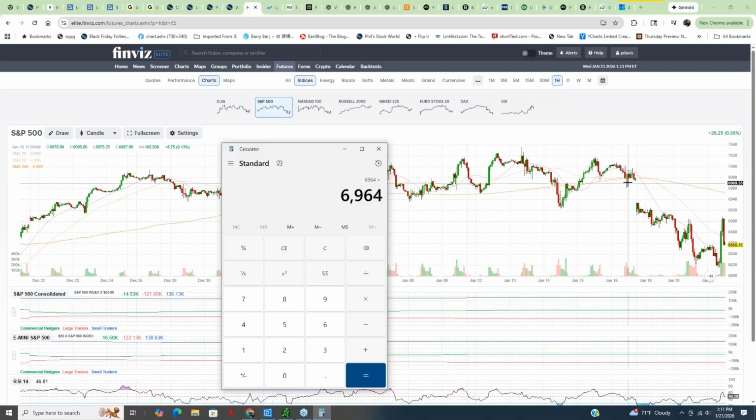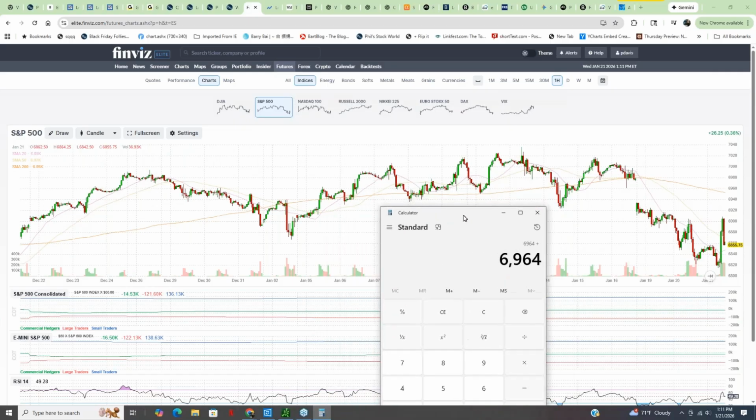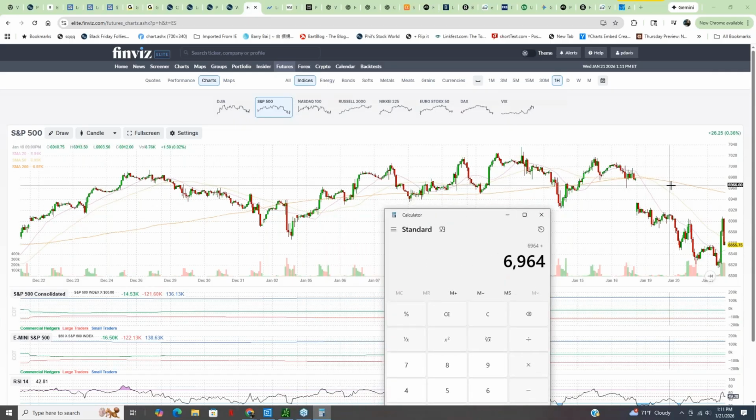So the question is, was 6964 either support or resistance going up and down? And I can't make a great case for that. Okay. And then minus, what was the number? 66? I am so confused right now. 36? Must have been minus 36.